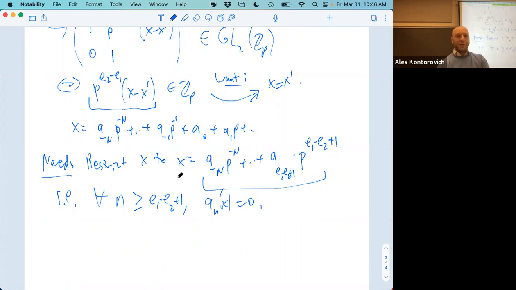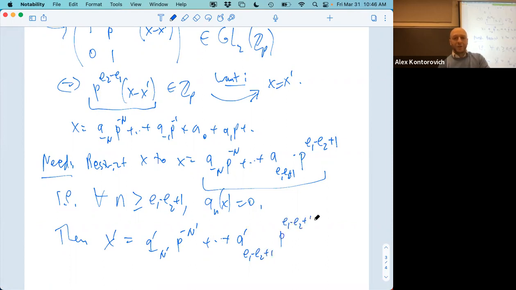So if we restrict X to something like this, then X prime is some other A minus N prime, could start somewhere else, and this is a coefficient prime going up to, at worst, E1 minus E2 plus 1, P to the E1 minus E2 plus 1. So it has to stop at the same power of P. Can we ask for that?